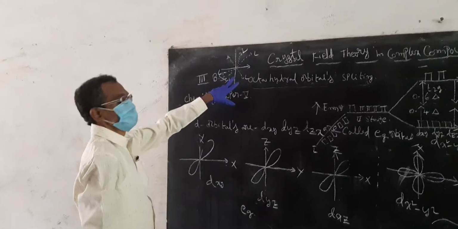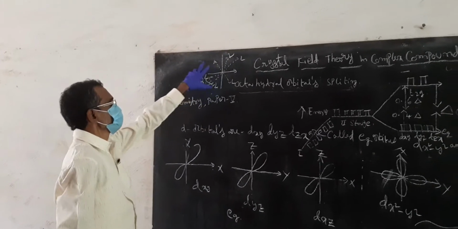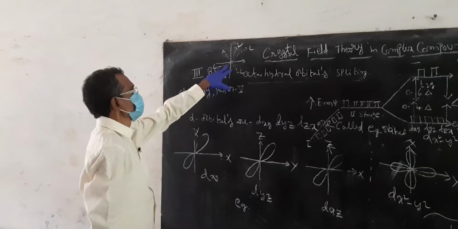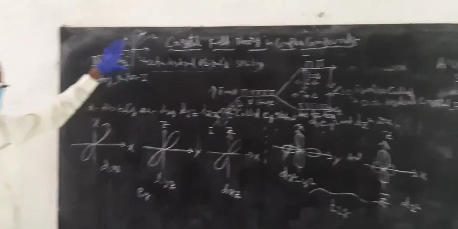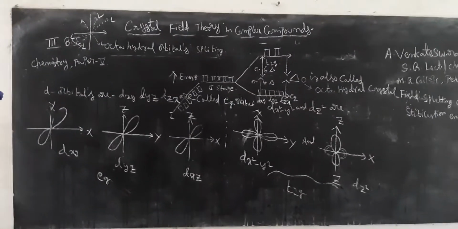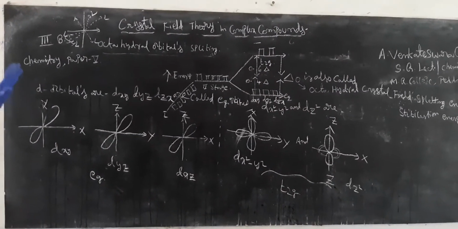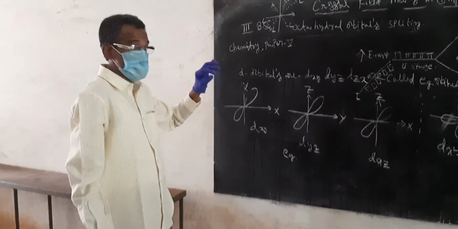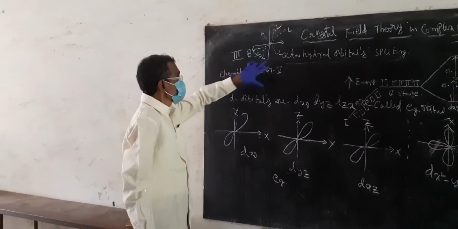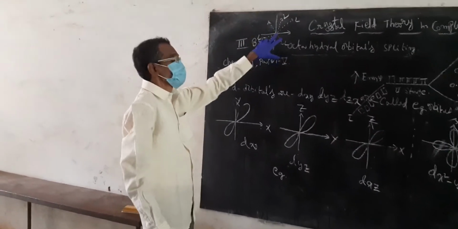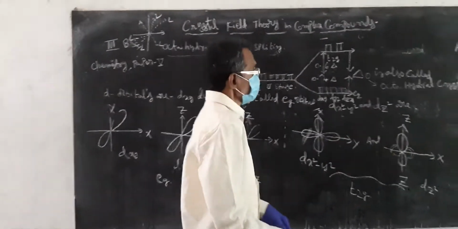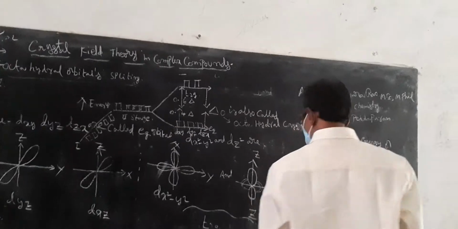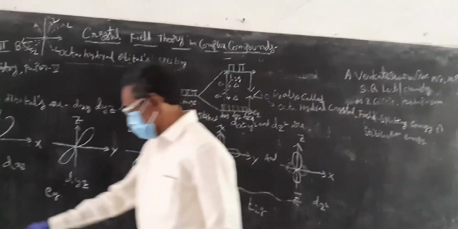Six ligands approach the central metal ion because the coordination number is 6.